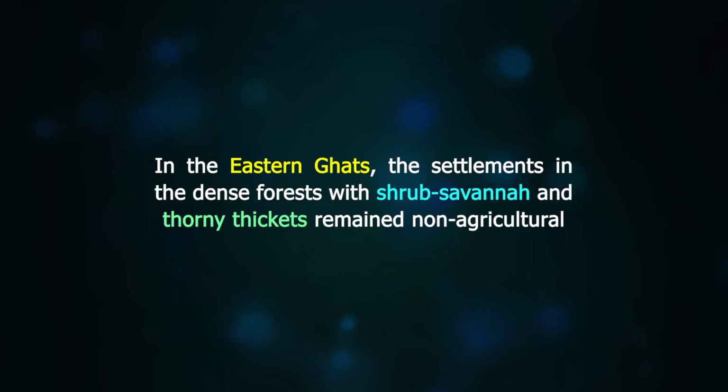In the Eastern Ghats, the settlements in the dense forests with shrub savanna and thorny thickets remained non-agricultural. However, those on the foothills had natural catchments where tanks could be constructed with lesser effort and agricultural activities could be carried out.